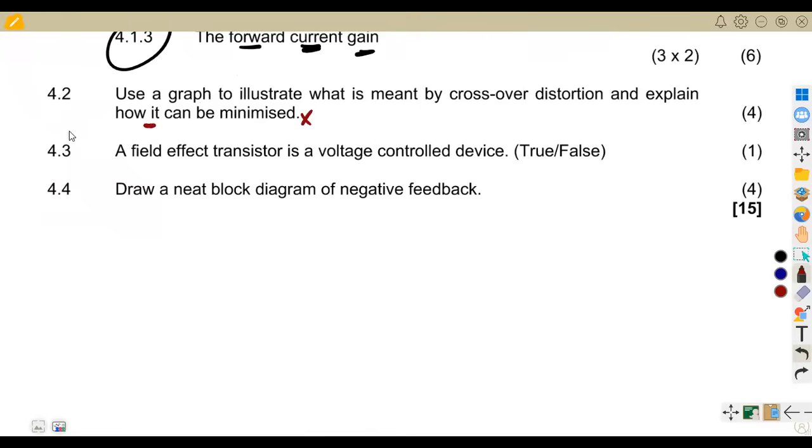So this can actually be minimized if the transistor is biased slightly above the cutoff value.